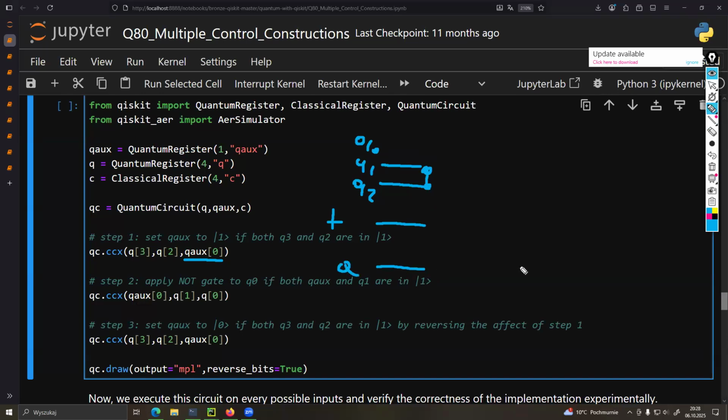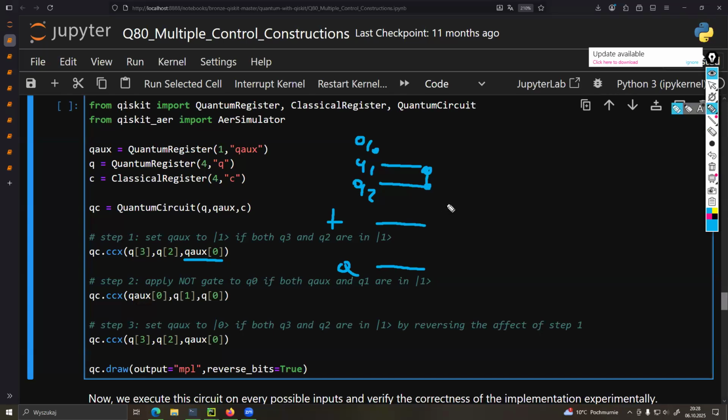This is a qubit that is an extra resource. This concept of using ancillas is used in many papers, in many algorithms. It is either used as a single ancilla or multiple ancillas.